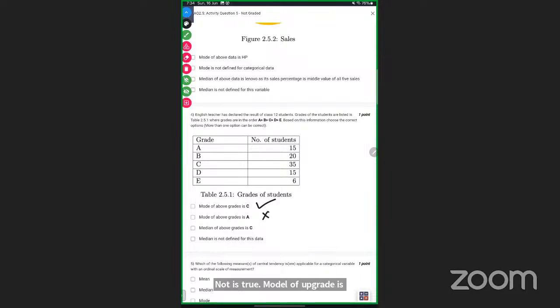Median of grades. See, this is ordinal data. We can arrange them. So is C a median or not? We have to find out. So 15, then 20, then 35, then 56. How much is this? This is going to be 35. Total is 91.